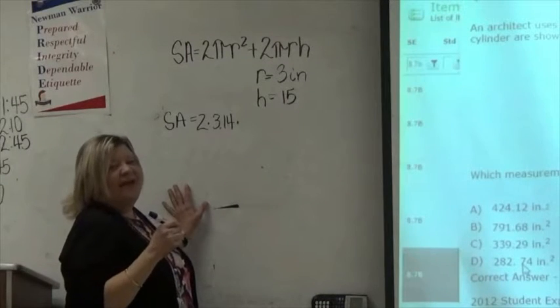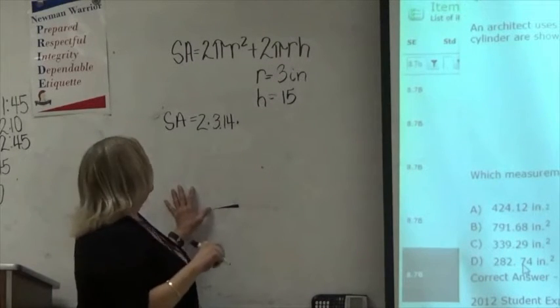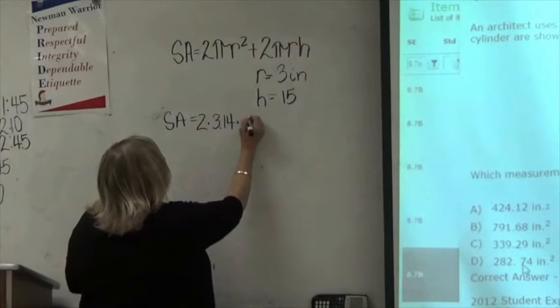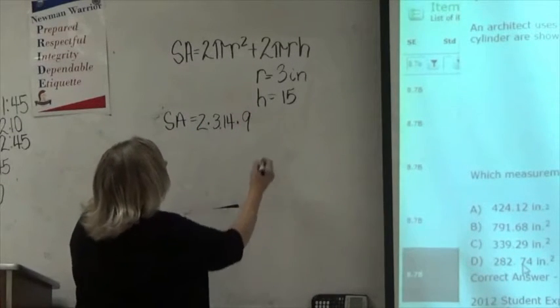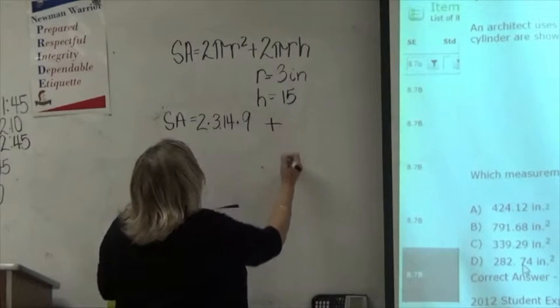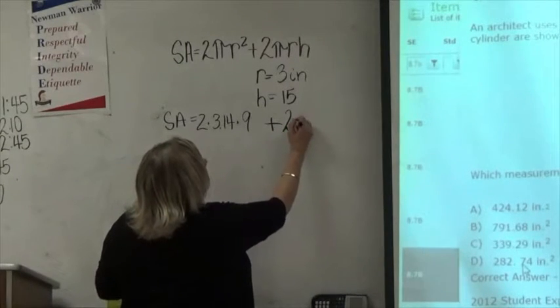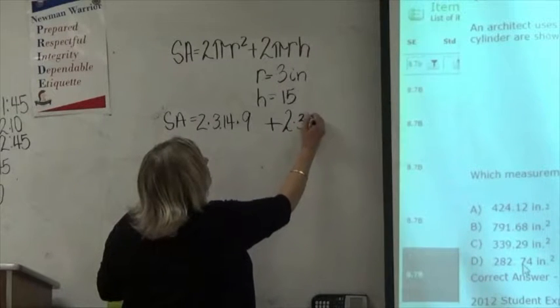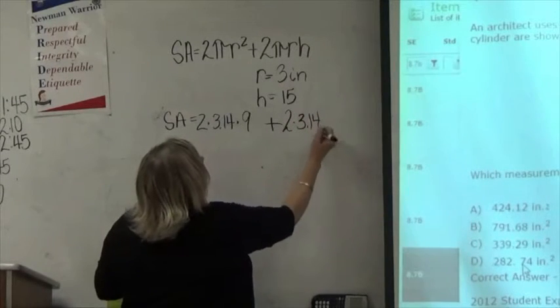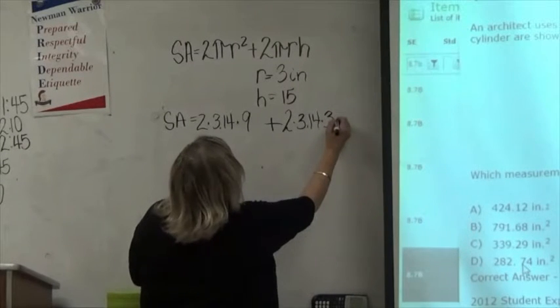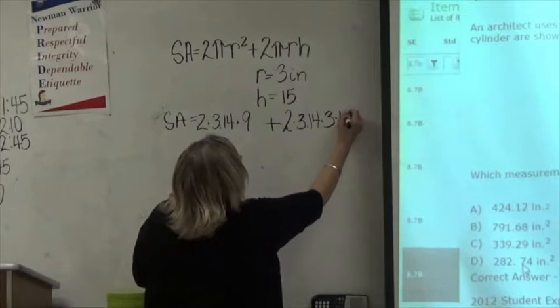I can do that in my head: 3 times 3 is 9. And I'm going to add that to 2 times pi, 3.14, times radius 3, times 15, which is the height.